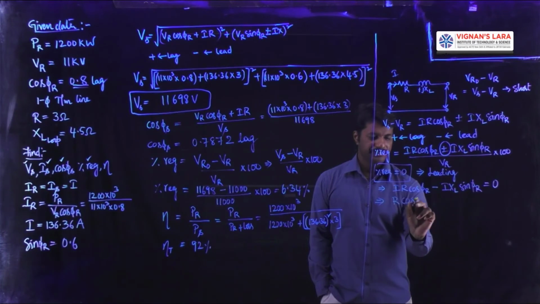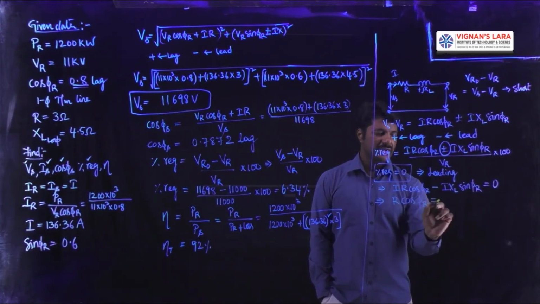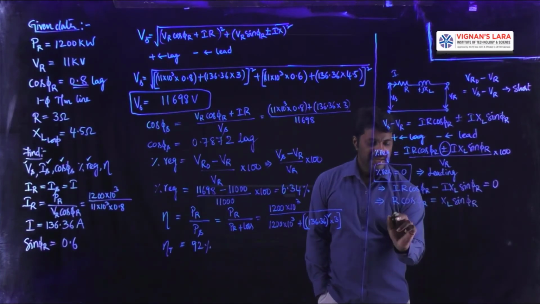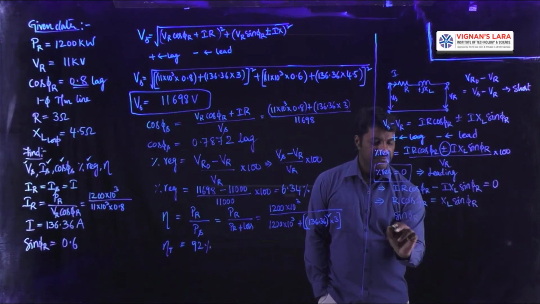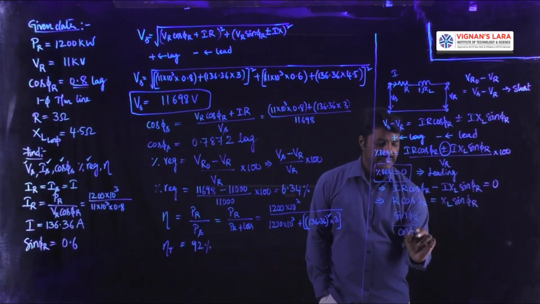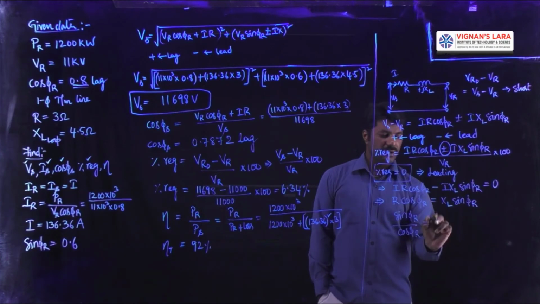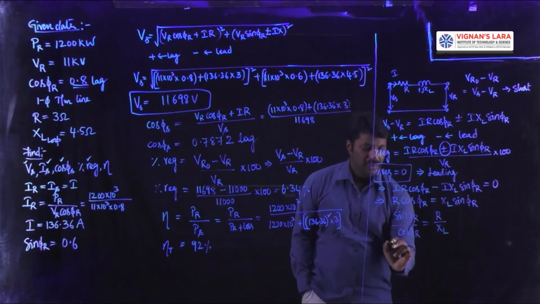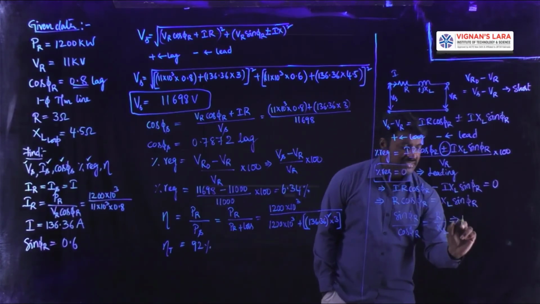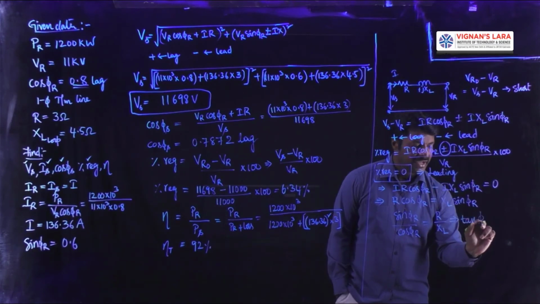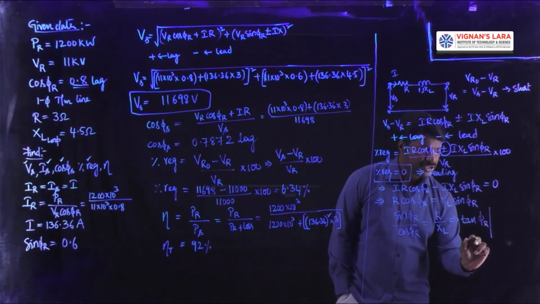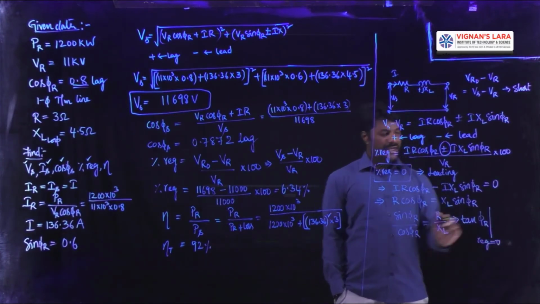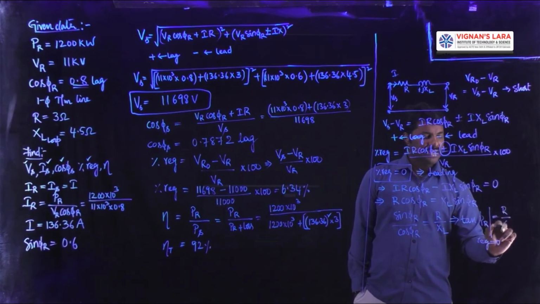Then we get R cos phi R equal to XL sin phi R. Rearranging the terms, sin phi R by cos phi R is equal to R by XL. Sin by cos is nothing but tan. So tan phi R corresponding to the condition of zero regulation is the ratio R by XL.